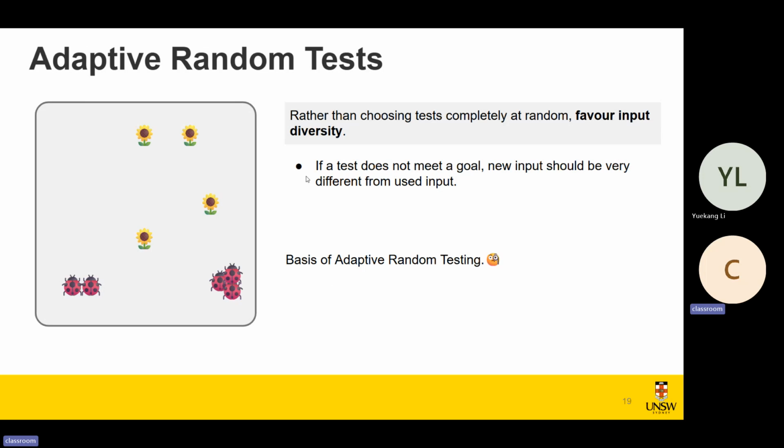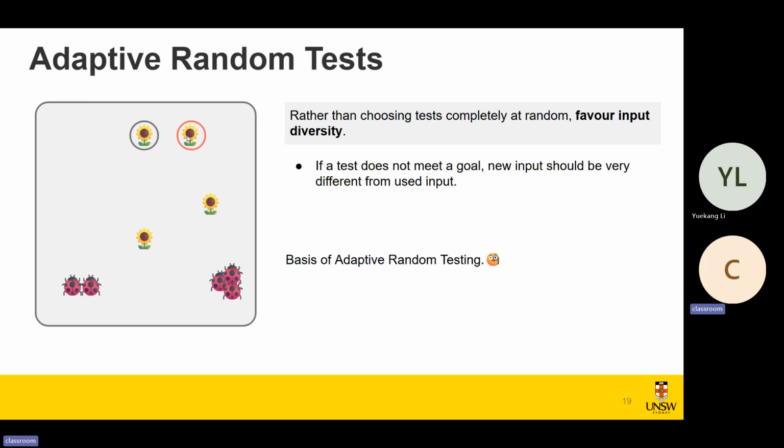So this is actually the most basic idea of adaptive random testing. For example, if we have generated a test case like this, instead of selecting a seed and generating another test input that is close to the one we have tried before, we don't want to try this one because it's too similar to the one we have tried.